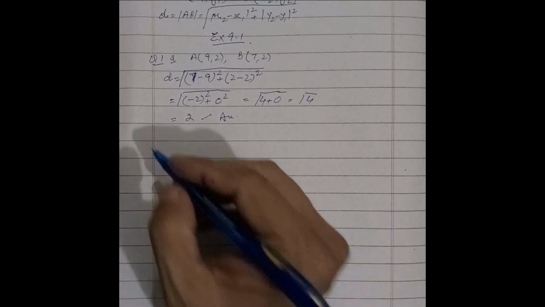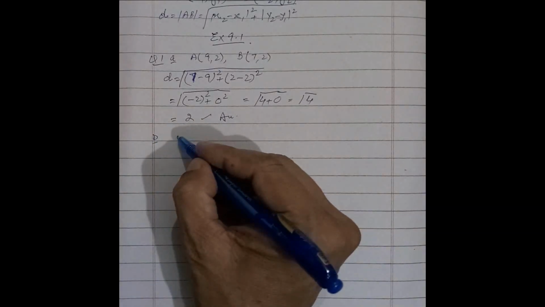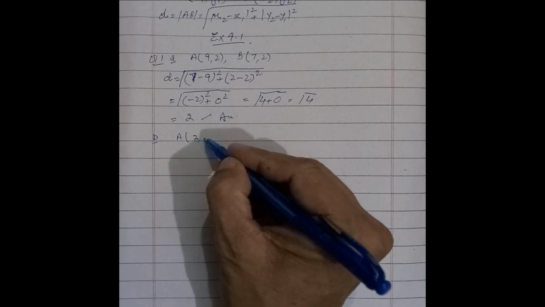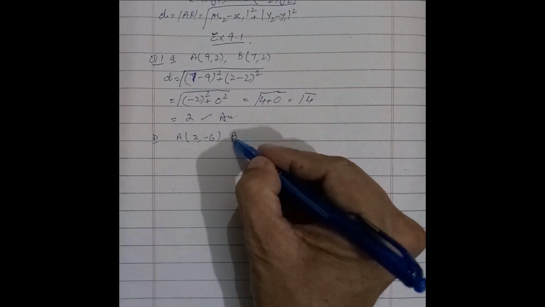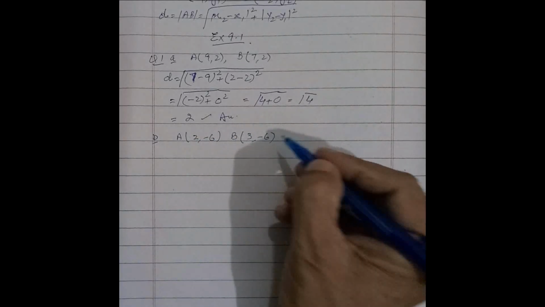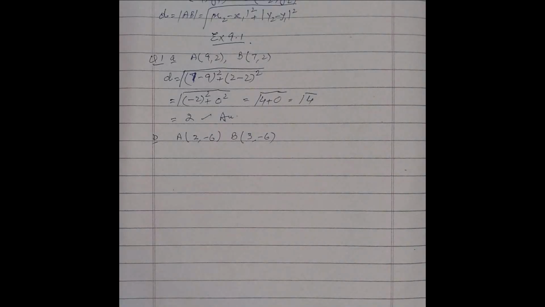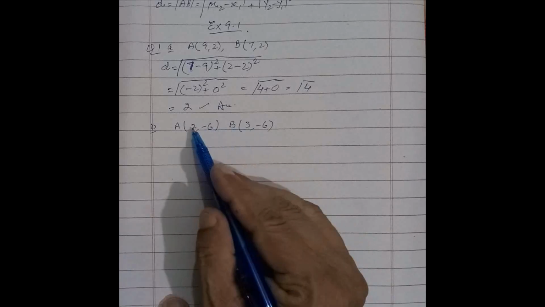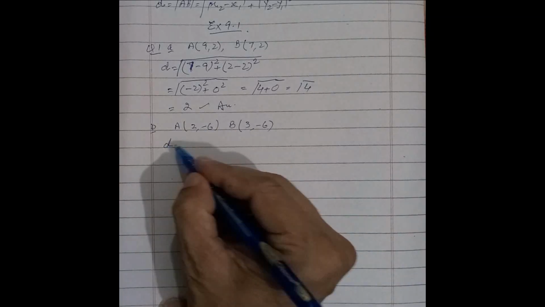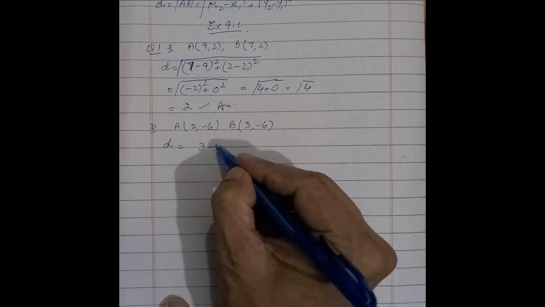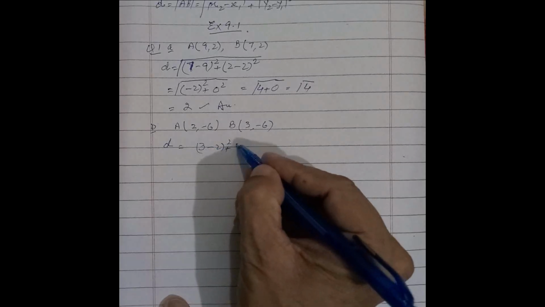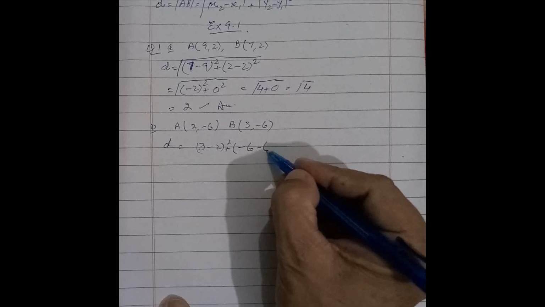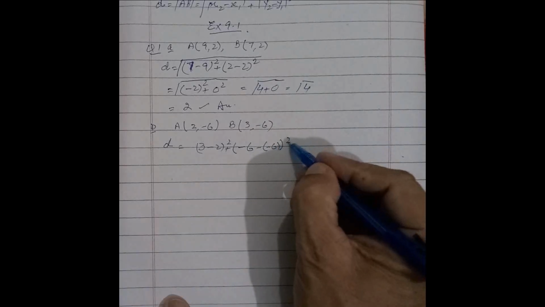Part B is, we have A whose coordinates are 2, -6 and B whose coordinates are 3, -6. The same rule applies, or you can say the formula, which is x2 minus x1 whole square plus y2 minus y1 whole square. The distance is equal to 3 minus 2 whole square plus -6 minus (-6) whole square.